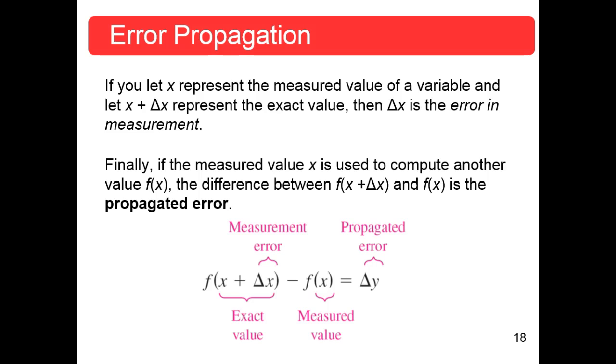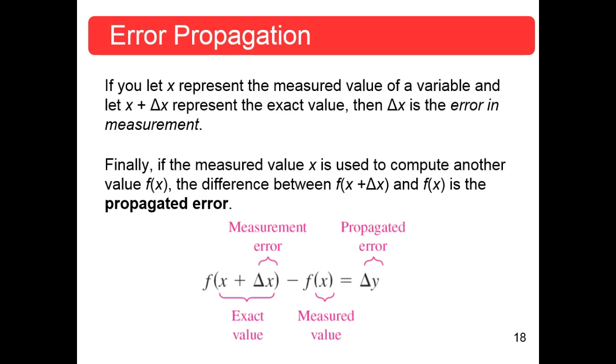Because no measurement is ever exact, okay? There's always some room for error there. And if you're using that measured value, you may be propagating an error. So f of x plus delta x minus f of x is your delta y, which is your propagated error. Okay? Exact value minus the measured value, then that would be your change of y.